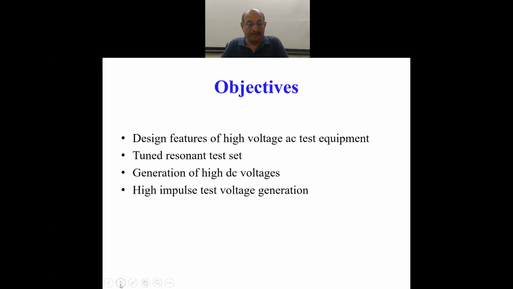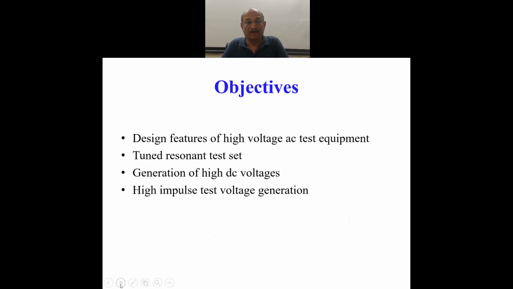Then there is a requirement to produce a tuned resonant test set, because the test set otherwise develops reactive power, because we actually test the capacitance formed by the insulation. We are testing the insulation.